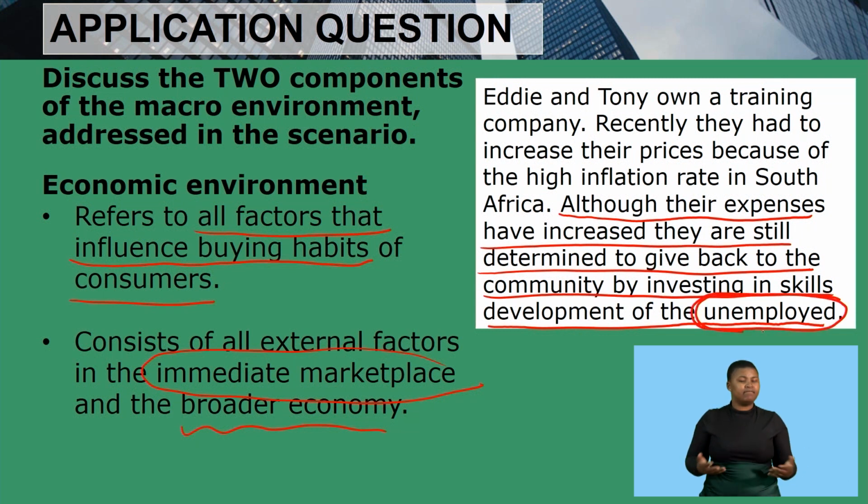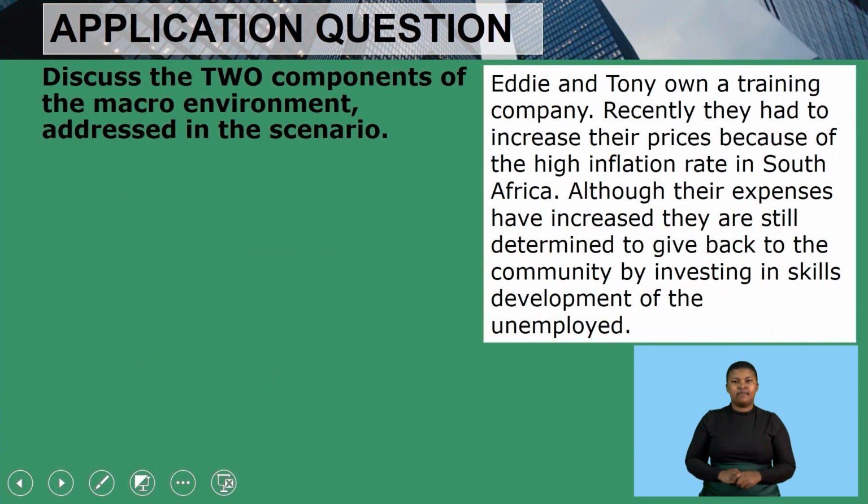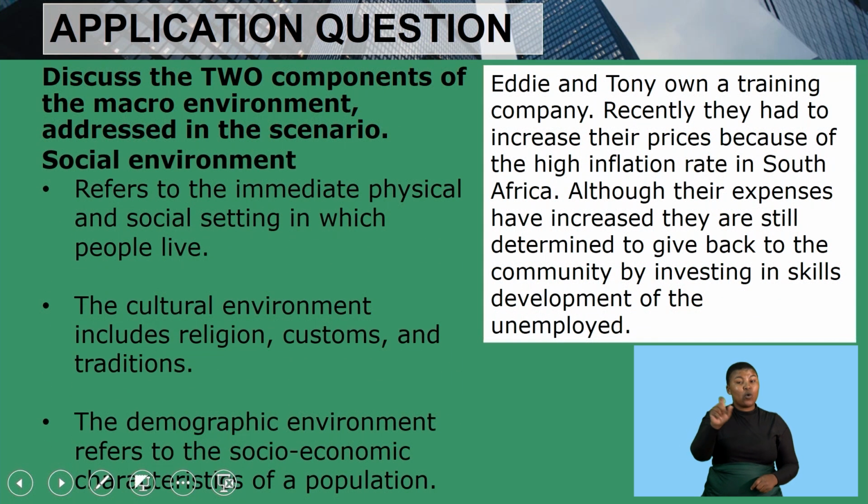So unemployment is, of course, a socio-economic issue, and Tony and Eddie are, of course, addressing this issue, which can then be seen as a social environmental component. So then our second component will be social environment. But remember the question asks, discuss. So we will then discuss the social environment by giving the bullets.